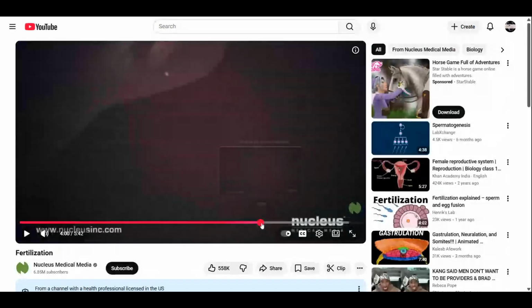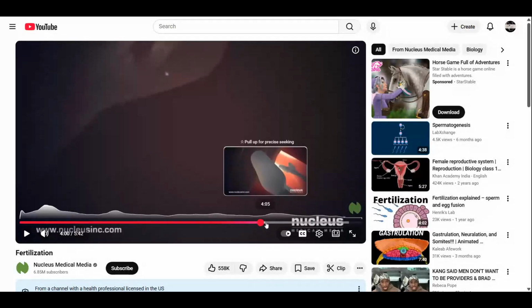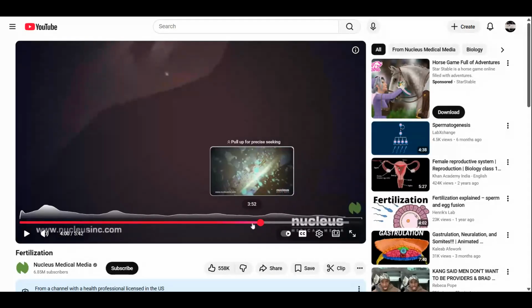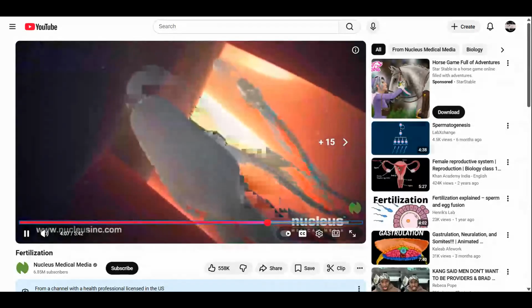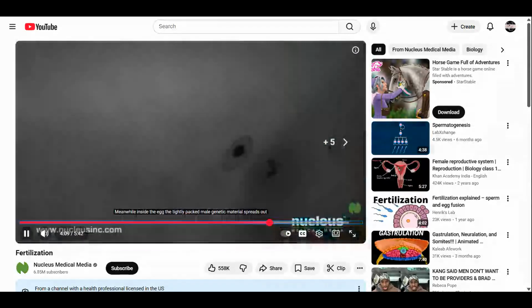I don't know if you heard this, but how the sperm was penetrating the egg, that's not what is important here, okay? Reaction spreads outward. Material spreads out in the zona pellucida.